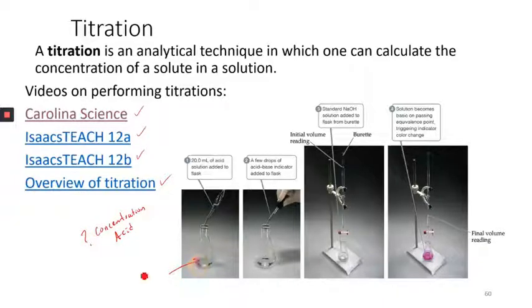So in here is our acid, and we don't know its concentration. It could also be a base that you don't know its concentration, but in this particular example, it's an acid. And you have to measure very precisely the volume that you're putting in. So you have to make a very precise measurement of that volume.